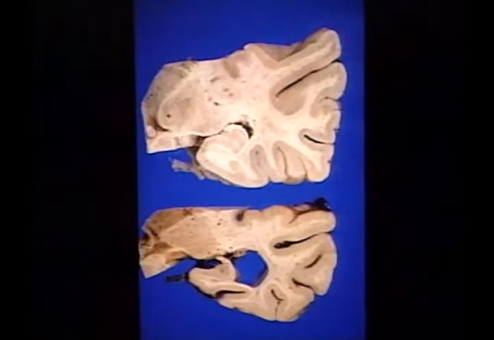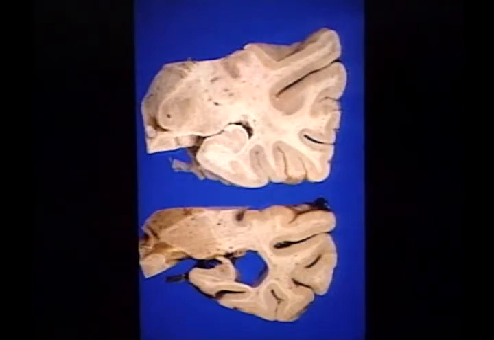This next slide depicts a temporal lobe from a normal individual up above and down below the temporal lobe of a patient with Alzheimer's disease. The arrow points to the hippocampus above. This is the gateway to recent memory. Nerve cells in this brain region decide whether or not information is going to be put into long-term storage.